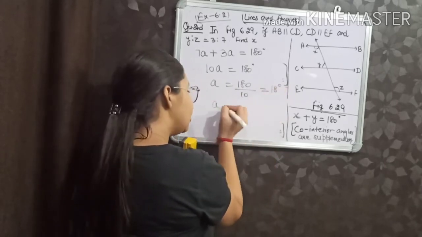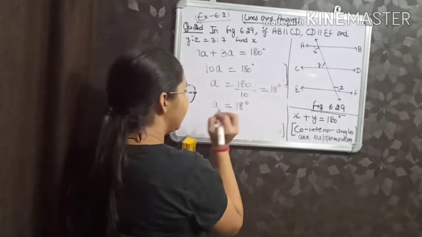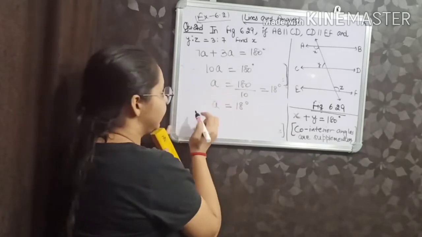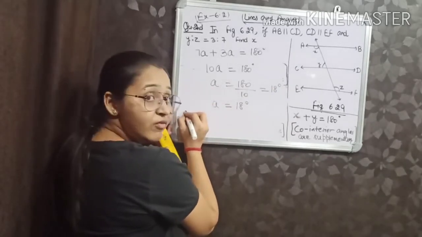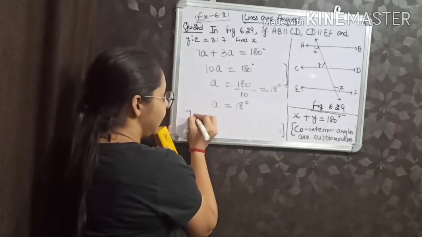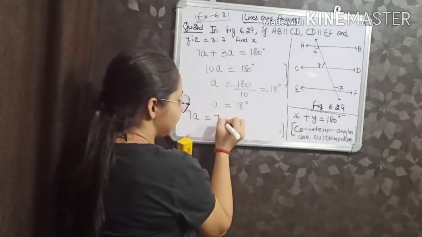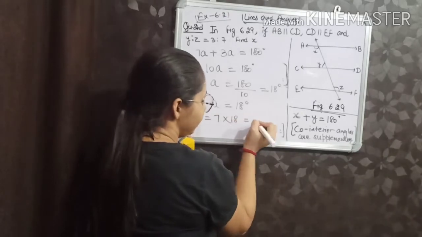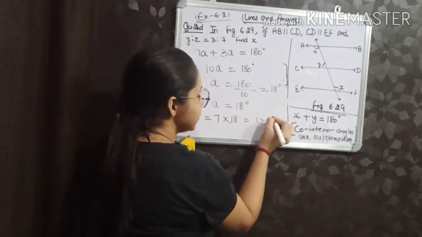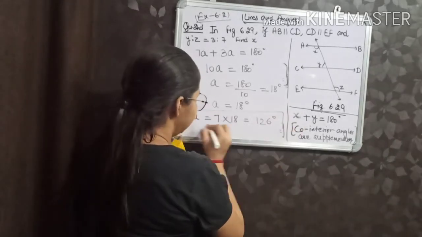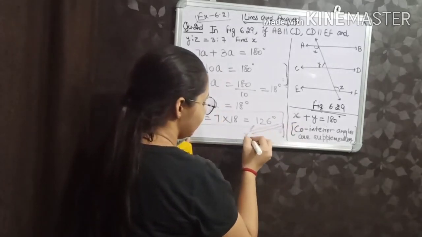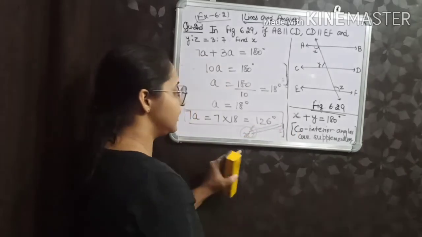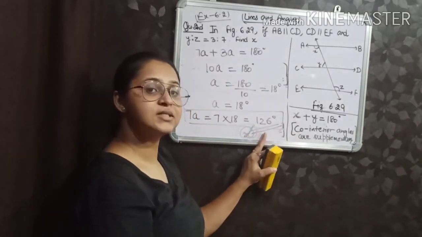So the value of A is 18 degrees and we have written that the value of X was 7A. So 7 multiplied by 18 will be equal to 126 degrees. So this is our value of X. X is equal to 126 degrees.